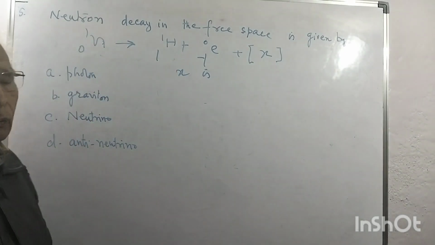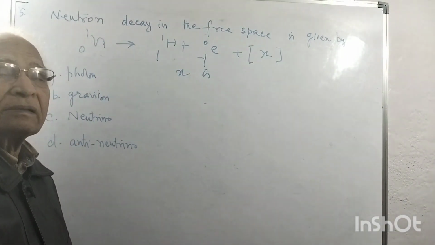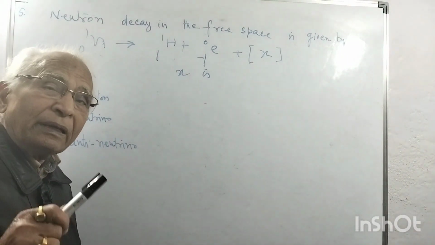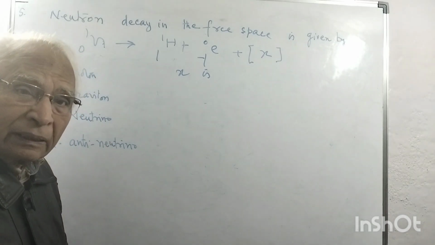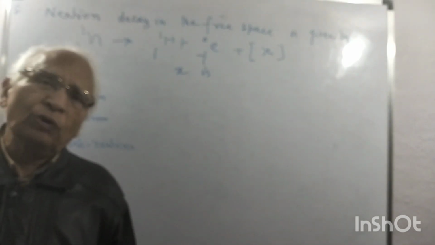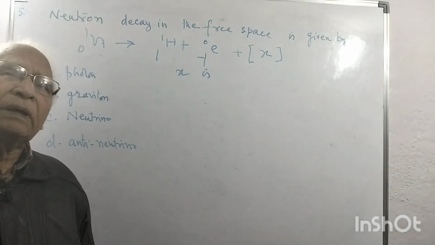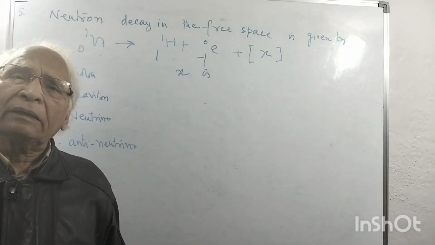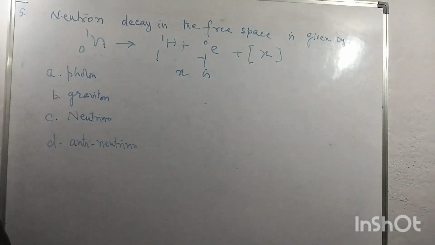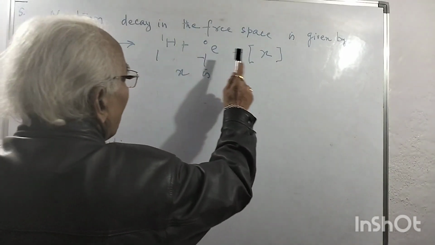There are 2 types of beta decay, negative beta decay and positive beta decay. In beta plus a positron is coming out, and in beta minus an electron is coming out. So here, which particle?